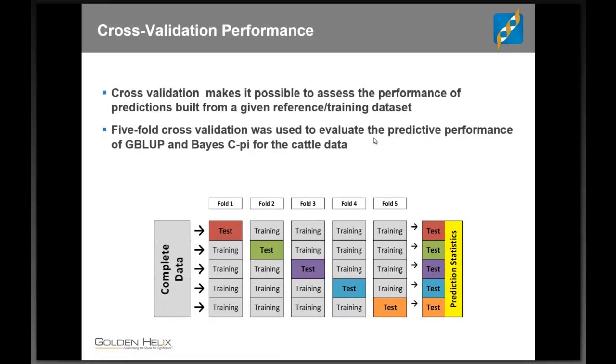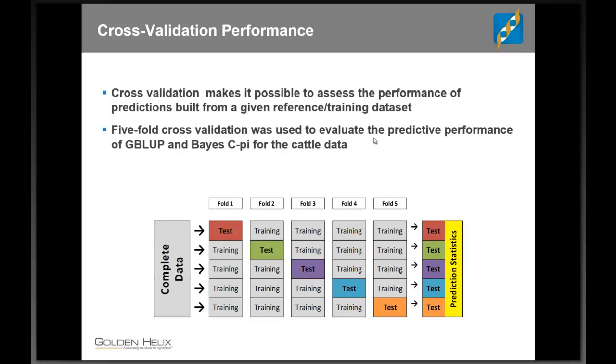So that was an example of some within sample calculations, just looking at breeding values and substitution effects. Now I'd like to look a little more at out of sample prediction performance. And for these next few examples, we're going to look at a 5-fold cross-validation procedure.